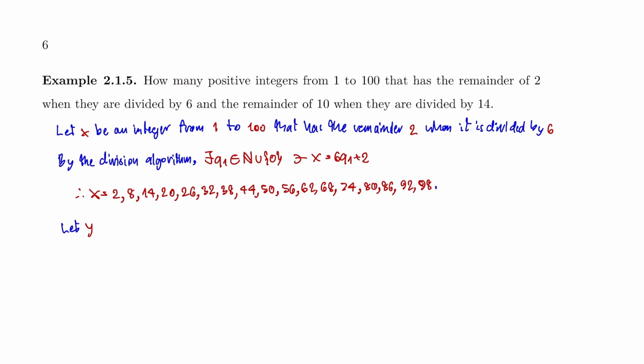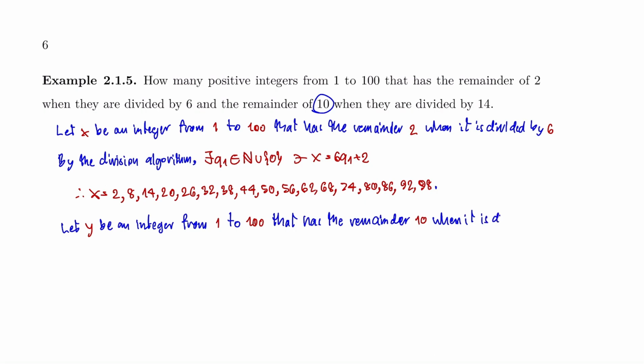Now, let's take a look at another kind of number. Let y be an integer from 1 to 100 that has remainder 10 when it is divided by 14.